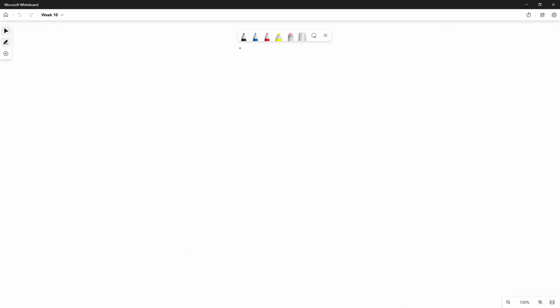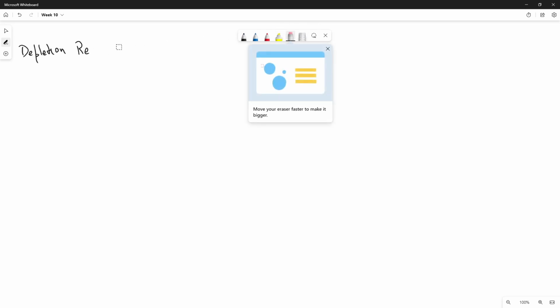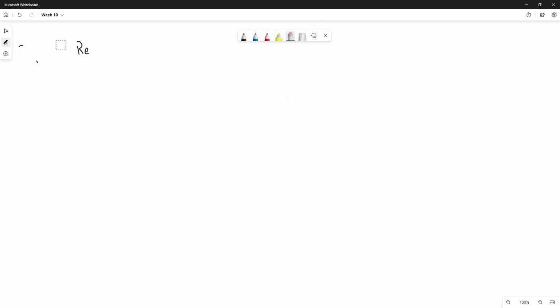So first we are looking at the depletion region width. Or rather, let us address everything over here. You can see the whiteboard, right? Yes, sir. Okay, good.